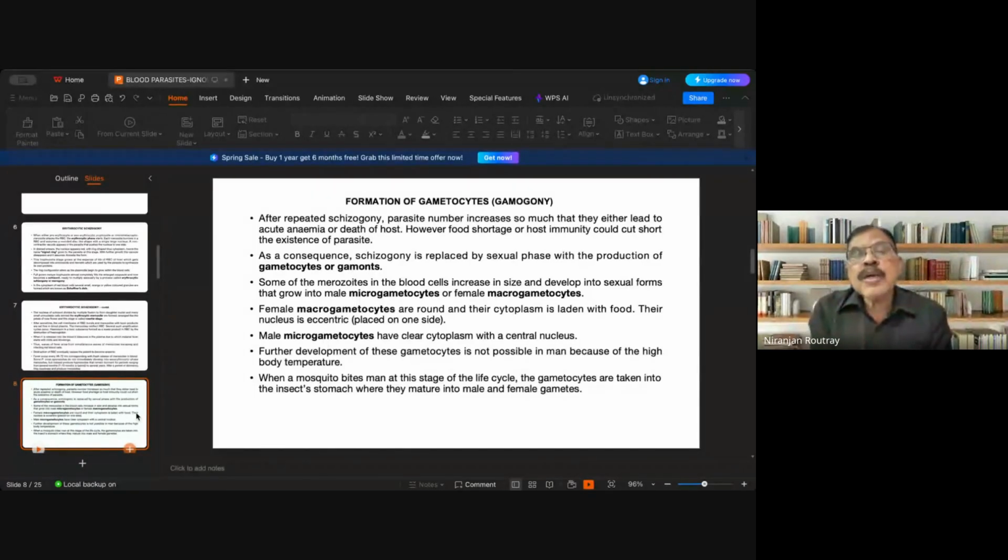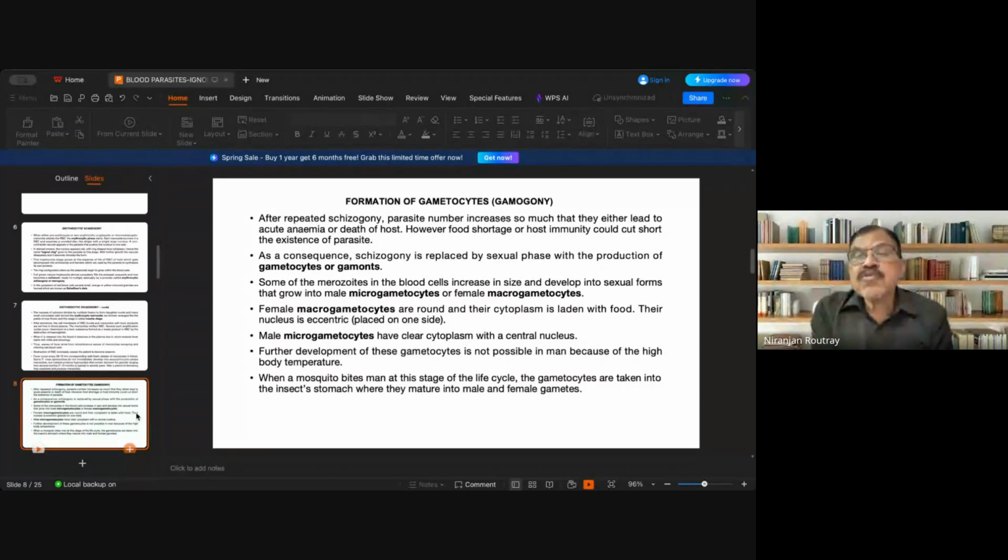What is gamogony? The formation of gametes. Why are gametes necessary? To continue the sexual phase. We have completed the asexual phase. The asexual phase occurs in the body of the human being, the vertebrate host, in the liver cell and the RBC.